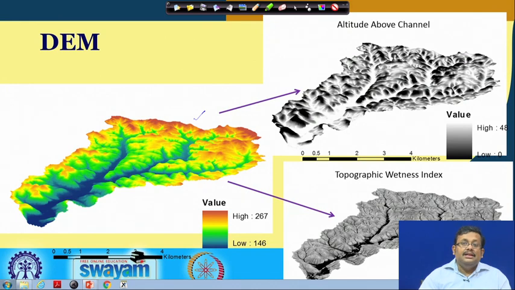But nevertheless, the digital elevation model is a very important source of auxiliary variables which you use in digital soil mapping, because from this digital elevation model you can generate several auxiliary variables or indices, like you can see here altitude above channel and the topographic wetness index and all these things.